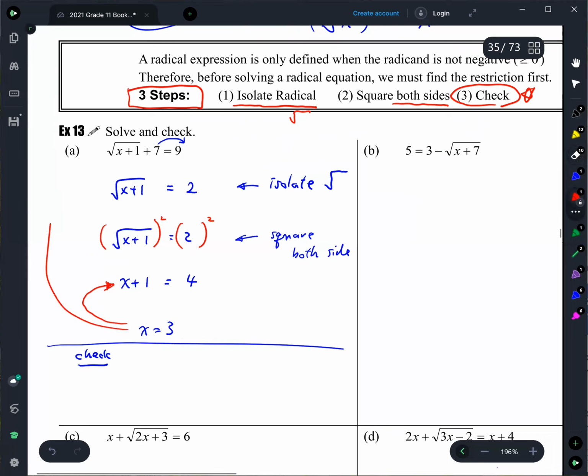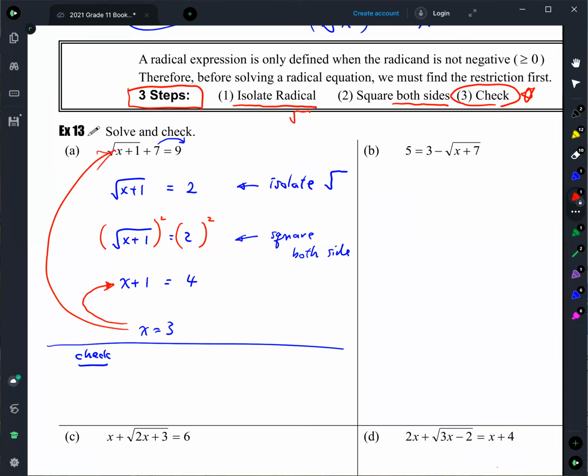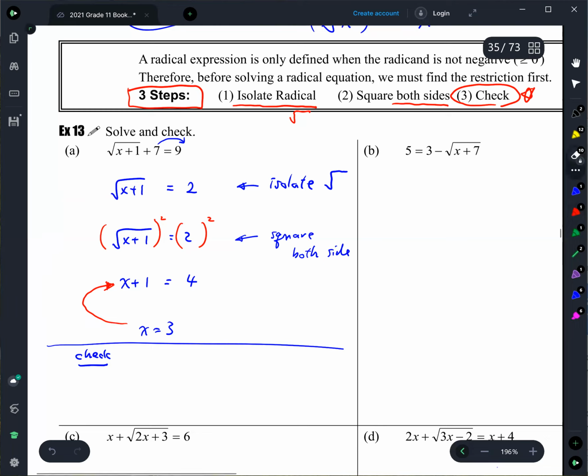So we need to plug it back into the original question to see if it still works. Sometimes it won't work for the one that has the radical. That's why we need to check, because after you square both sides, you kind of change the question a little bit and make it look easier. So let's plug it in to check.